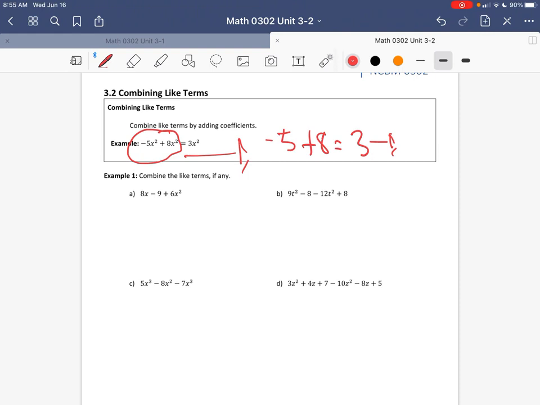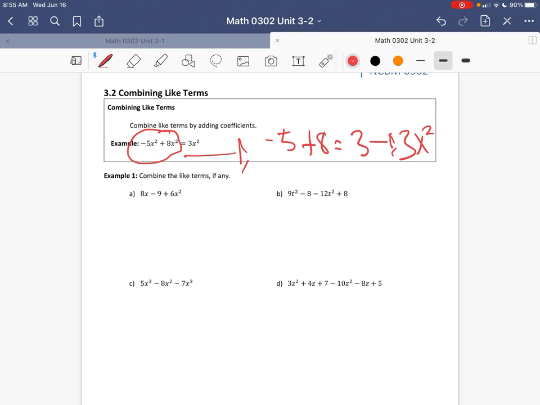Since the terms are like terms, whenever you're adding the like terms, you just focus on the number. The result was a 3, but the actual answer is going to be 3 times x squared. This is what it means to combine the like terms by adding the coefficients. Again, we're just looking at the left-hand side of the equation, which is its own expression.